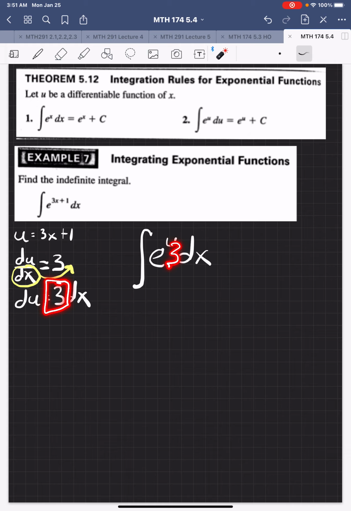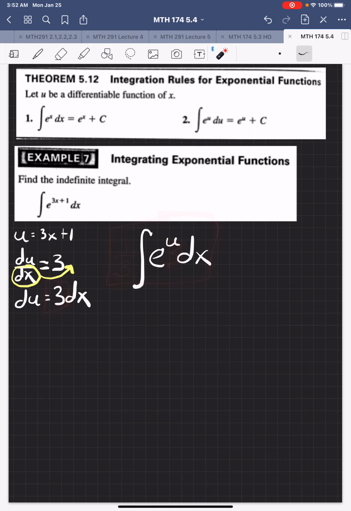The idea is I can multiply by 3 as long as I'm willing to divide by 3. If I take your age and multiply by 3 while at the same time dividing by 3, then nothing's changed. A third of 3 is 1. So do you see how this is just a little bit of manipulation?